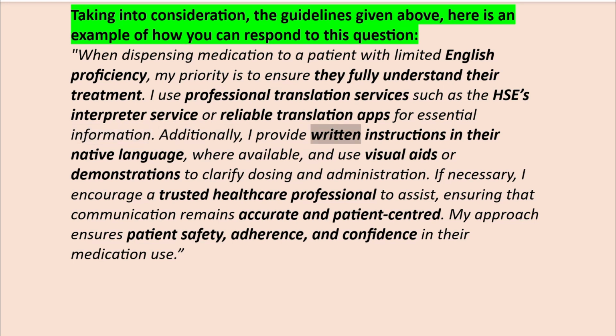Additionally, I provide written instructions in their native language, where available, and use visual aids or demonstrations to clarify dosing and administration. If necessary, I encourage a trusted healthcare professional to assist, ensuring that communication remains accurate and patient-centered. My approach ensures patient safety, adherence, and confidence in their medication use.